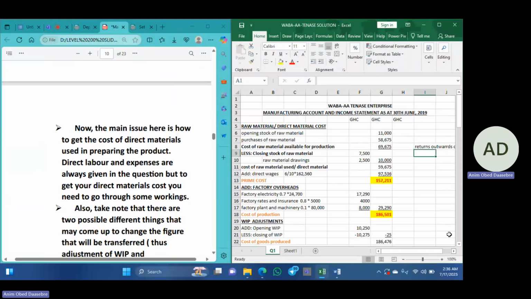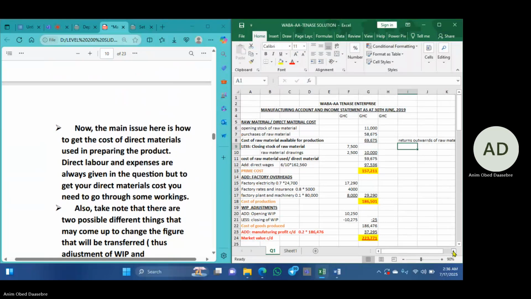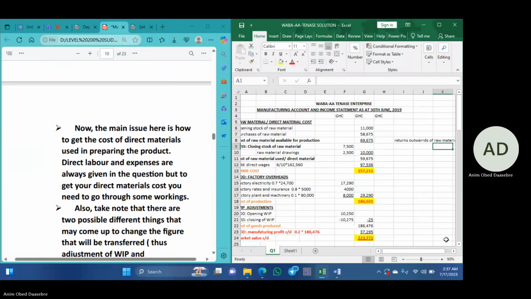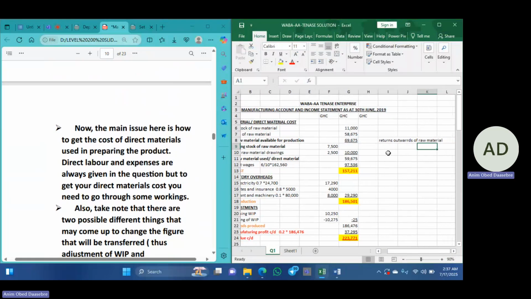Then we also need to adjust for withdrawals of raw material.